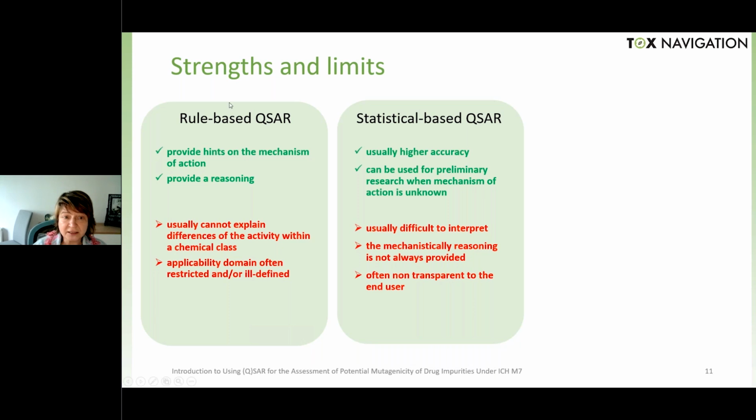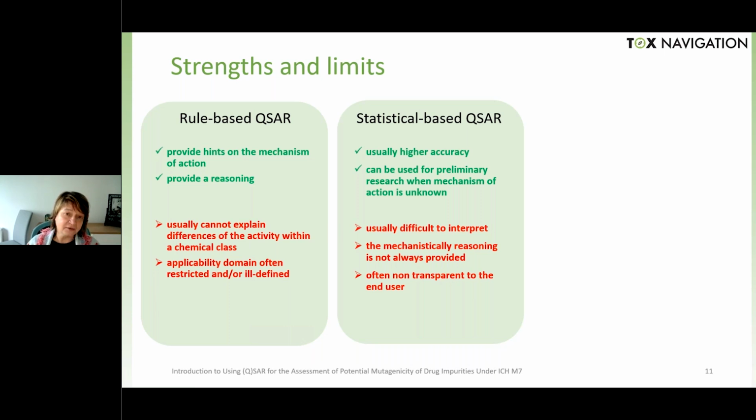The strength of the rule-based QSARs is that they provide information on the mechanism of action. So you don't have only a prediction, but also a rationale behind this prediction. The limit of these approaches is that usually they are not able to explain the difference in activity within the same chemical class.